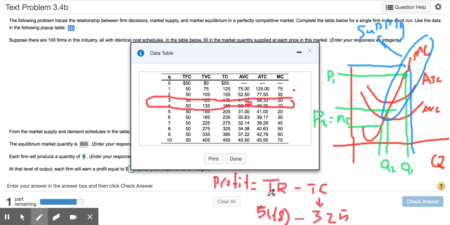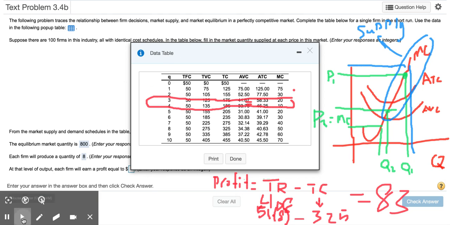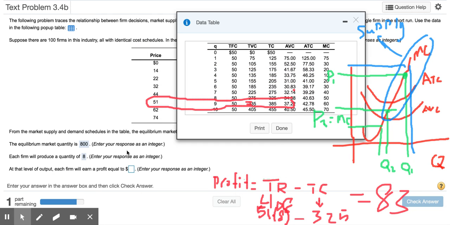So I got here 408. So 408 minus 325 is equal to 83. Let's check. So profit for each firm will be 83.